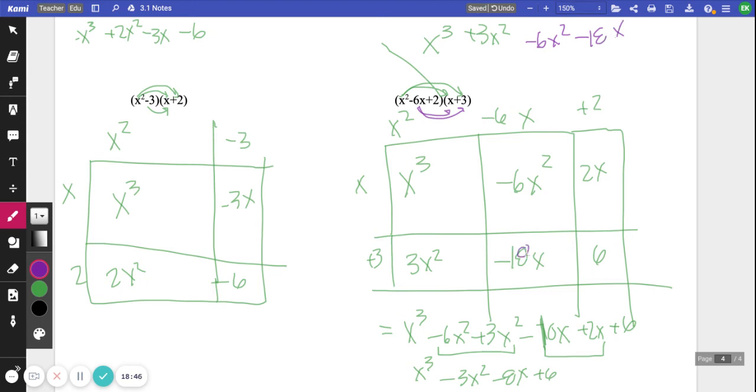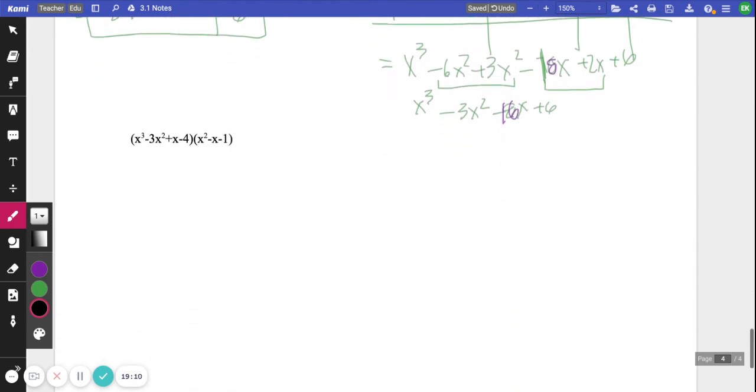So negative 18x plus 2x is negative 16x. And then last step, multiply the 2 by everything. 2 times x is plus 2x, and then 2 times 3 is plus 6. So you get all the same pieces. It's just another way to organize your data, which I think is super helpful.